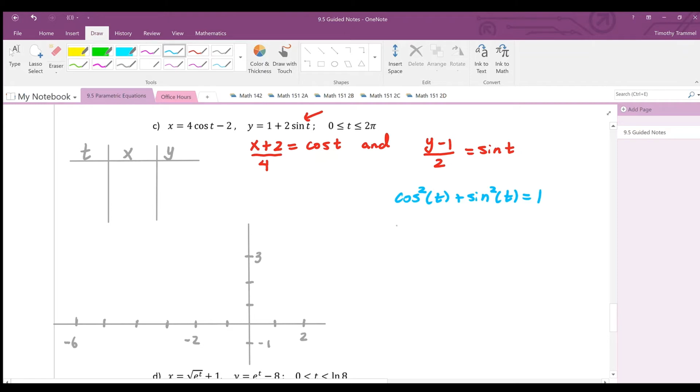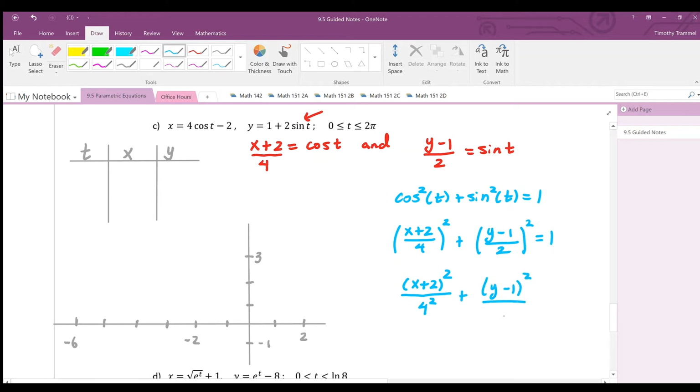And we know that cosine is x plus 2 over 4, and we know that sine is y minus 1 all over 2, squared. And this is equal to 1. And we could even rewrite this a little bit differently. If we square the top, that's x plus 2 squared, and square the bottom, that's 4 squared down here. And then plus, again, square the numerator, and then square the denominator.